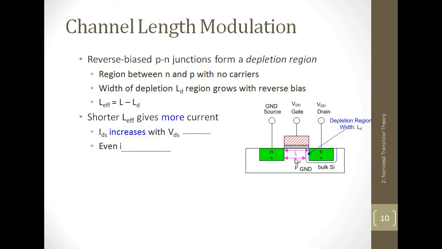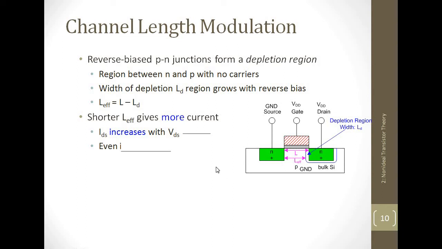The shorter L effective gives more current, because the charged particles which are already present are now in a smaller space. The number of particles remains the same, but they are accumulated in a smaller area, so they give more current.